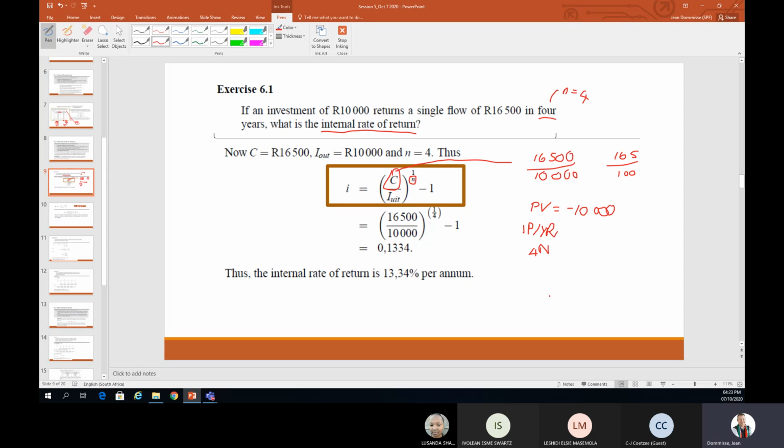Your interest rate you're going to calculate, and your future value is equal to 16,500. Remember just to make the PMT zero, so that there's no other information in there. And then if you click on the interest rate, it's supposed to give you the 13.3%.